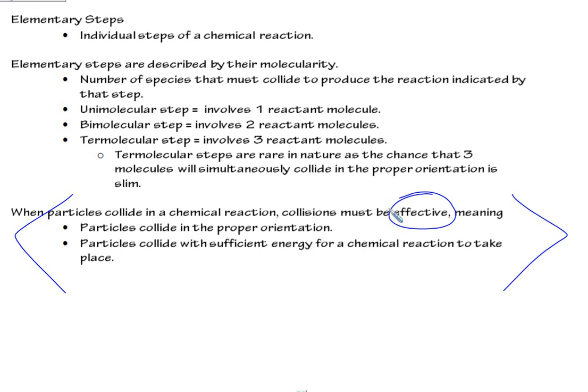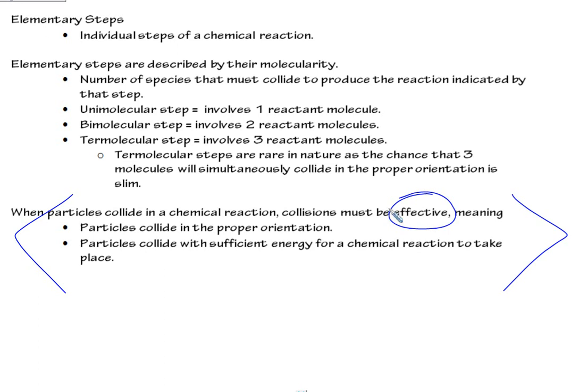They need to collide with the proper amount of energy in order to break the bonds on the reactant side and have those atoms then available to rearrange and form new products. If they don't collide with enough energy to break the bonds of the reactants, nothing happens. We say it's not an effective collision. They might collide, but there's no reaction that takes place.